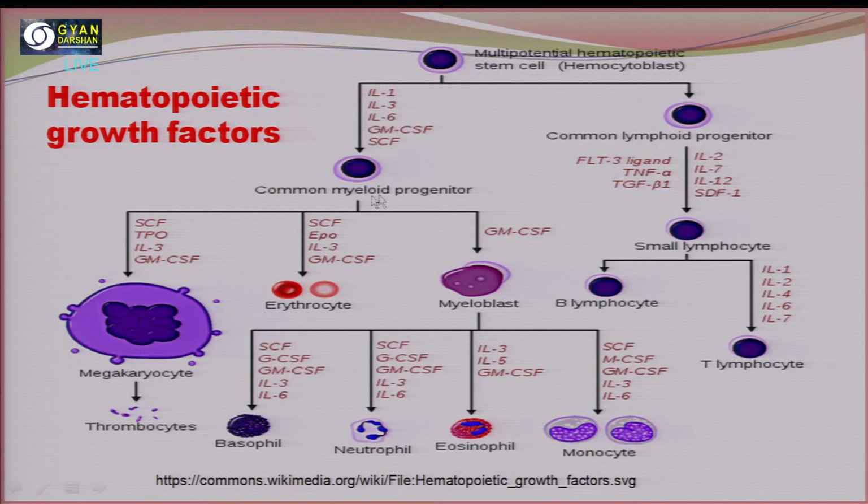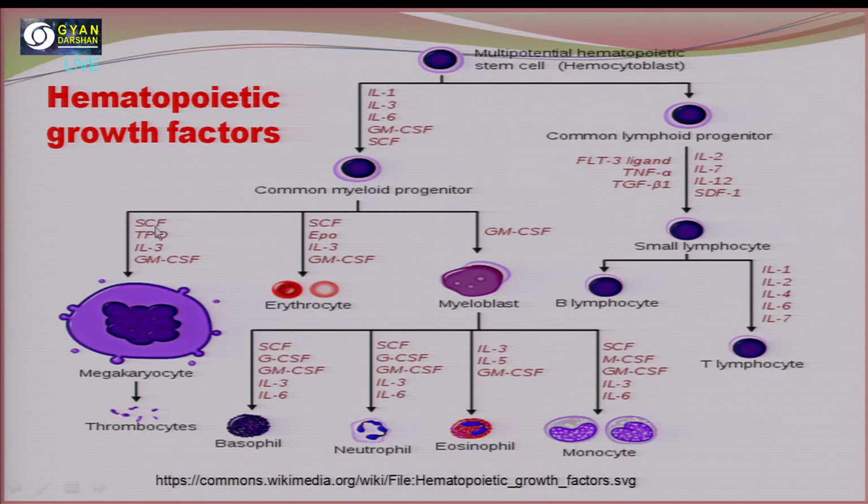These are the various growth factors. If these growth factors are in excess amount, they are able to convert into the common myeloid progenitor. So these are tightly controlled systems available in the bone marrow, and ultimately they are able to produce the common myeloid progenitors.